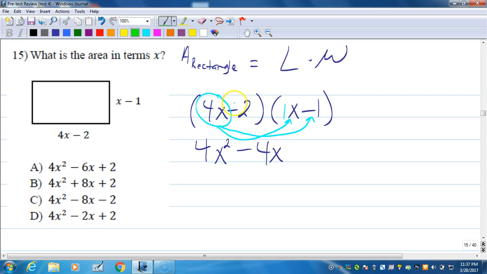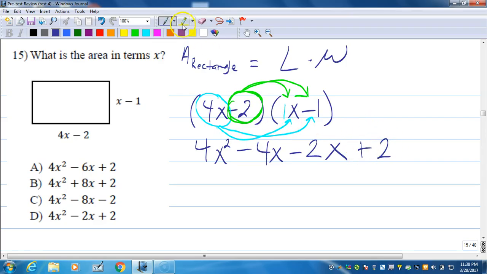Now you're going to get your negative 2. Multiply that times that number. Negative 2 times 1x will give us a negative 2. And then bring your x with you. And then negative 2 times a negative 1. Negative 2 times a negative 1 gives us a positive 2.